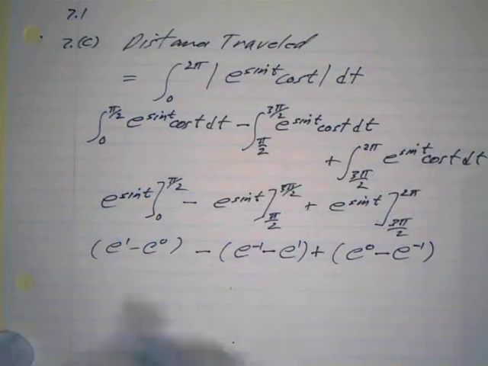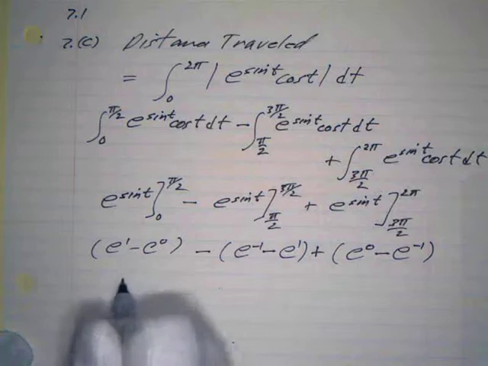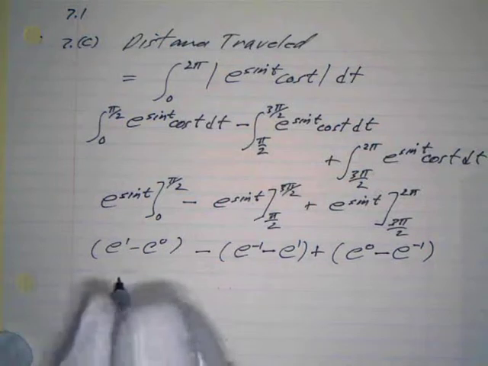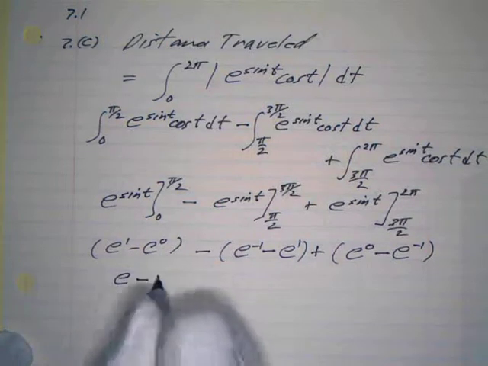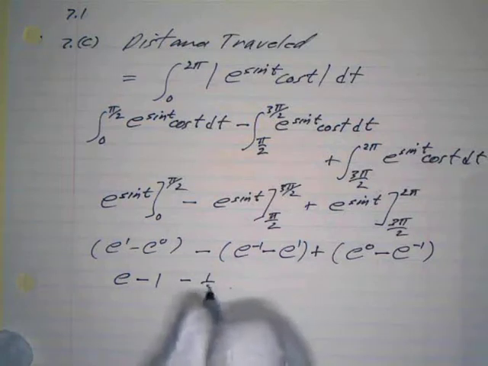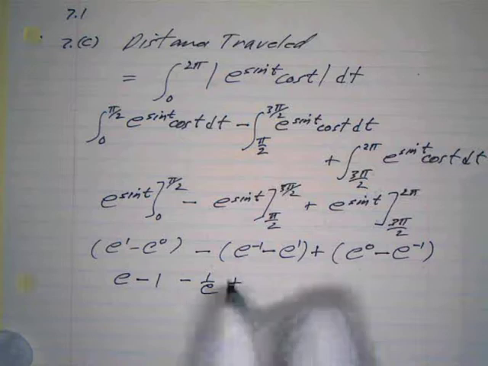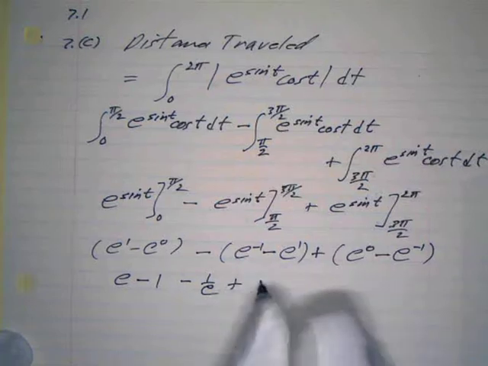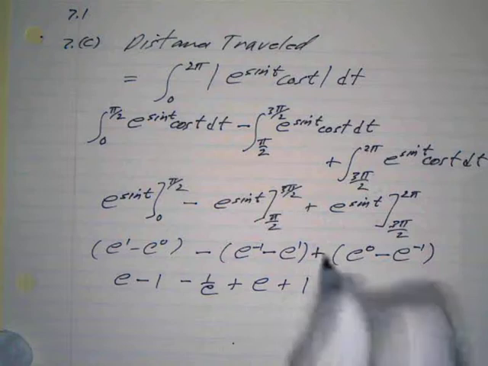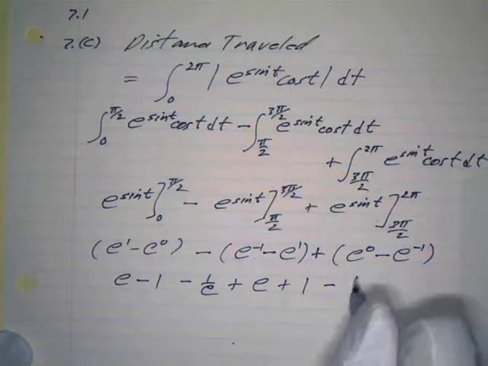So when we simplify this all out, we have e minus e to the 0 is 1. Now negate both of these, so this is going to be negative 1 over e plus e, and then plus e to the 0 is 1, and minus 1 over e.